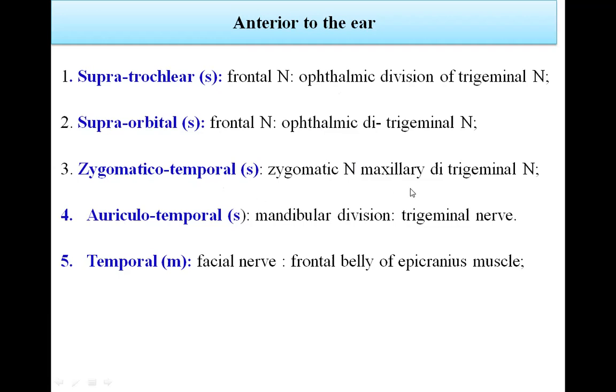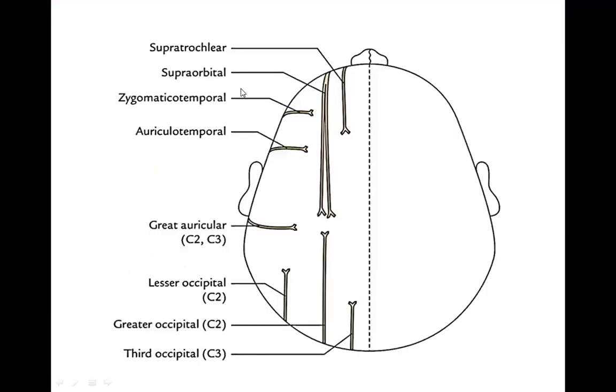Zygomaticotemporal is a branch from the maxillary division, and the auriculotemporal nerve is a branch from the mandibular division of the trigeminal nerve. And the fifth one is the temporal, the motor nerve, a branch from the facial nerve. So here you can see supratrochlear, supraorbital, zygomaticotemporal, auriculotemporal.